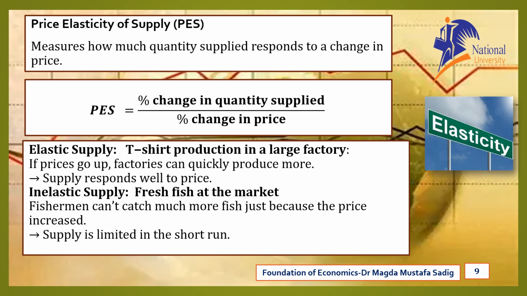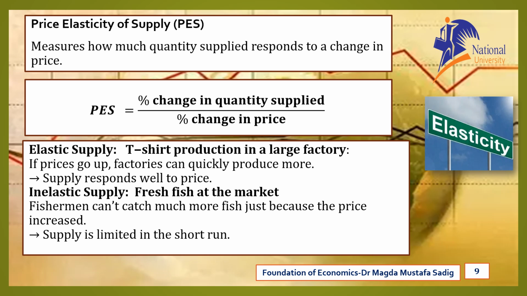Price elasticity of supply. What is price elasticity of supply? Price elasticity of supply measures how much the quantity of a product that producers supply changes when its price changes. In simple terms, it shows how easily producers can adjust the amount they offer for sale if the price goes up or down.